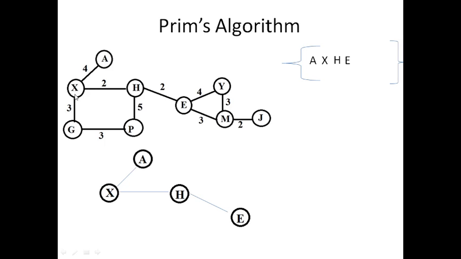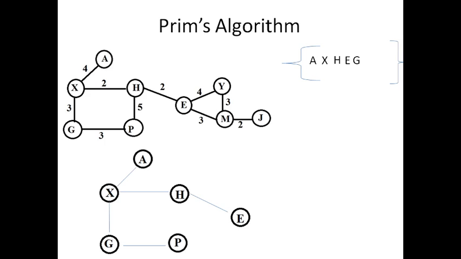But going by the order, let us include X to G. Though both are equal, we started from A, and so the adjacency matrix would have this order: A, X, G, H, P, and so on. So in that order, X to G will be included next. Next we have G to P, which has a weight of 3, so that is included.